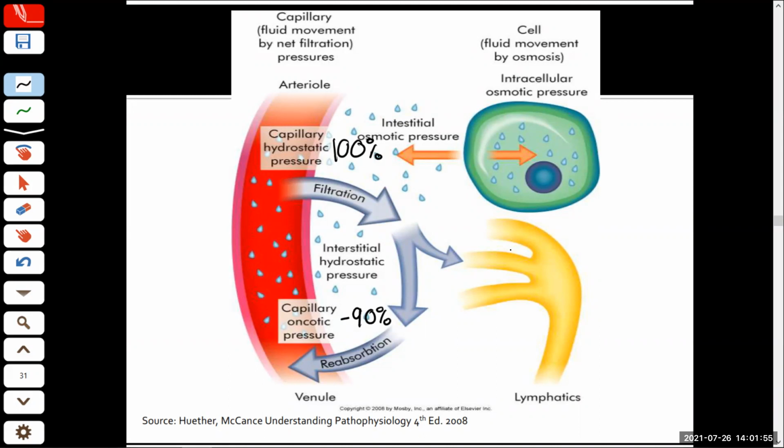This is where your lymphatics comes in. Your lymphatics drains that other 10%. So in theory, in a healthy human being, should I have edema? No. Perfect. I should not have this buildup of fluid.